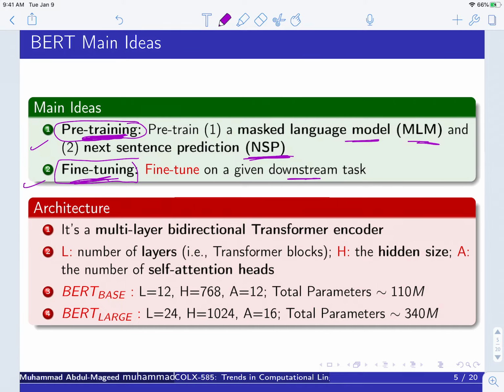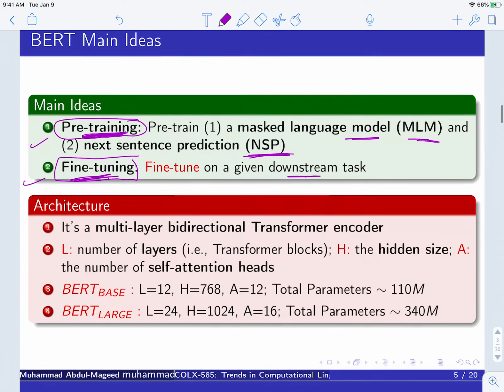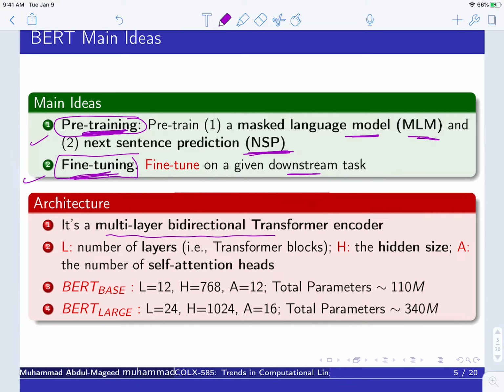What is the architecture of BERT? Well, we said it's a multi-layer bidirectional transformer encoder. Multi-layer means we have an L number of layers, where each layer is just one of these transformer blocks, as I mentioned. It has a hidden dimension of a certain size, and because it has multi-head attention, we can have a number of self-attention heads.